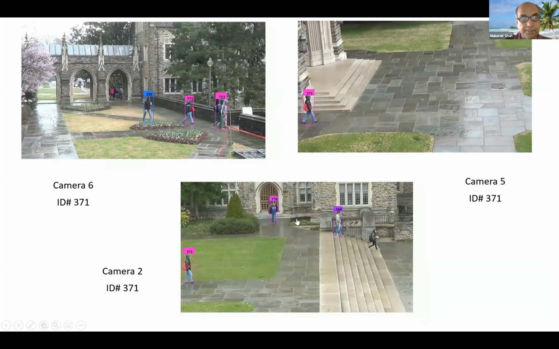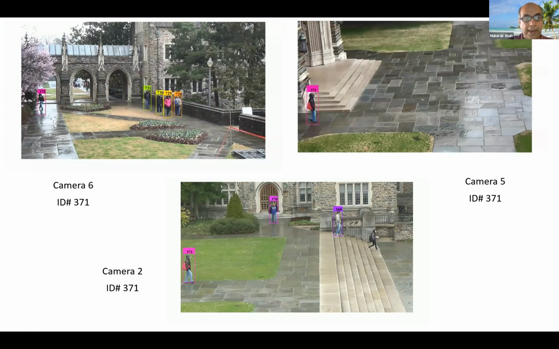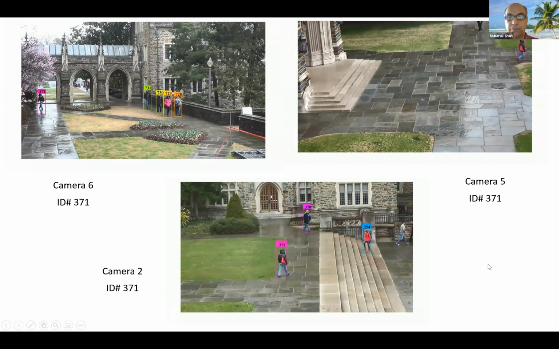So we are going to look at this person, ID 371. As you see here, this person is visible here in camera 6, and he is going to exit, then he enters here, camera 5. And after that, he will enter camera 2, which is here, and in all those we have a consistent ID, and we have solved this handover problem, the re-identification problem.